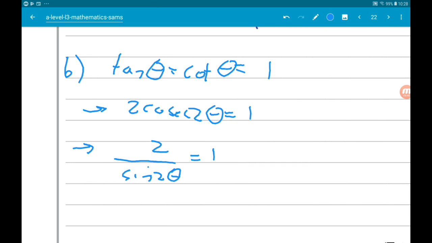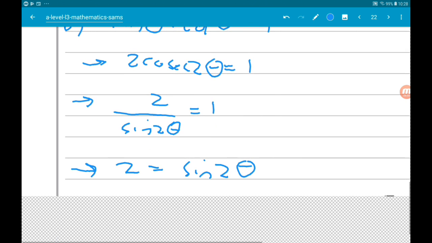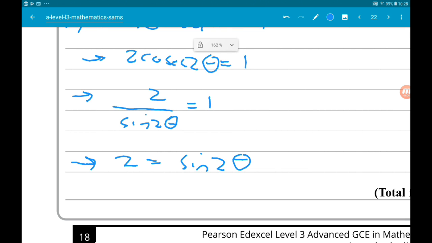Now, that then means that we will get 2 is equal to sine of 2 theta. Now, sine values can only be between -1 and 1. So we can see at this point that if we try to inverse sine both sides, it wouldn't work because we have 2 on the left.